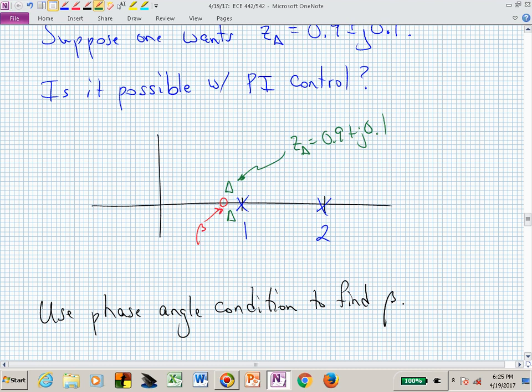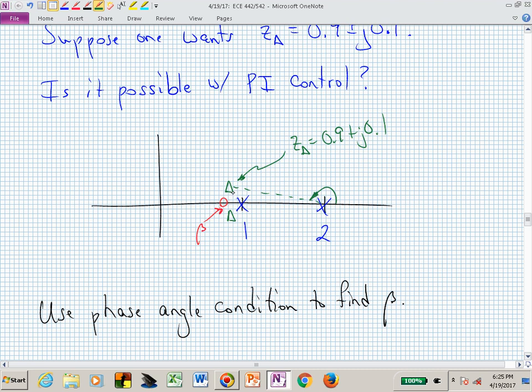The only unknown right now is beta, meaning I can either analytically or with my protractor, measure that angle from 2 to 0.9 plus j 0.1. I can compute that analytically, or I could measure it with my protractor.